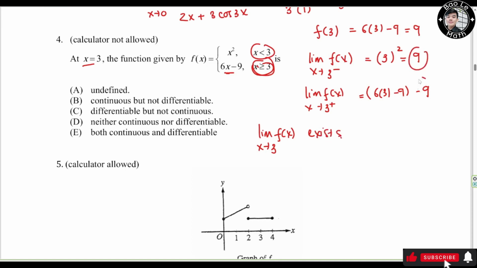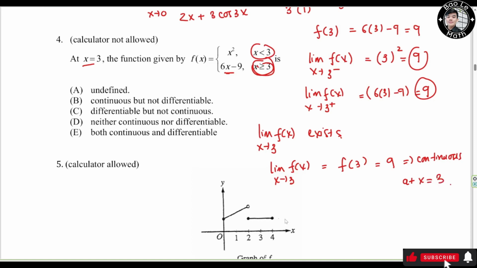Because the left and the right are the same, right? And then we have the limit of f of s when s approaches 3 equals f of 3, and they both equal 9, right? So then the function is continuous at s equals 3, right?